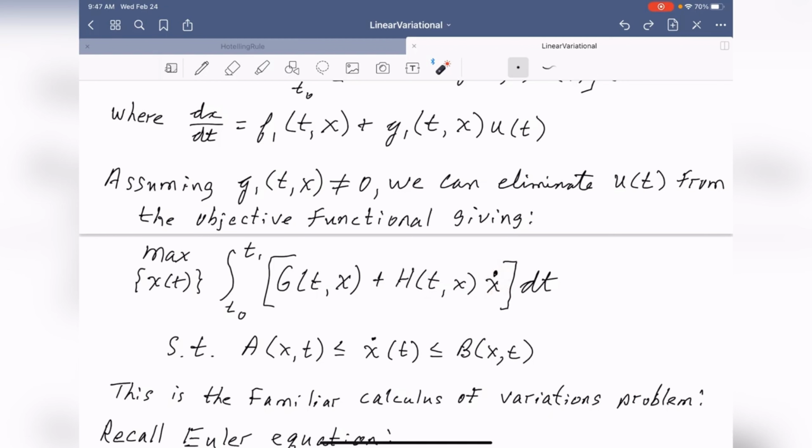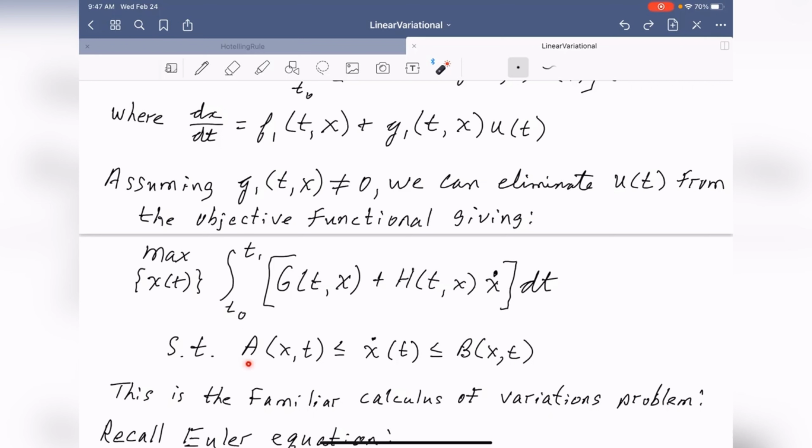Notice that previously in our discussions we had y prime, because y prime was dy/dx. Now we have x instead of y, and we have x dot, which is dx/dt. And we integrate that over dt.